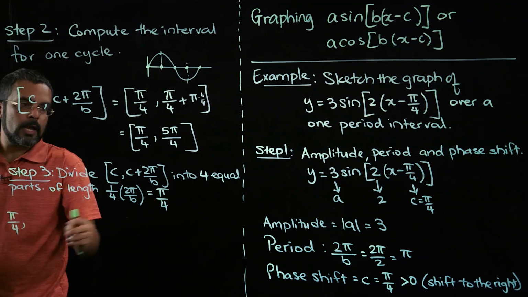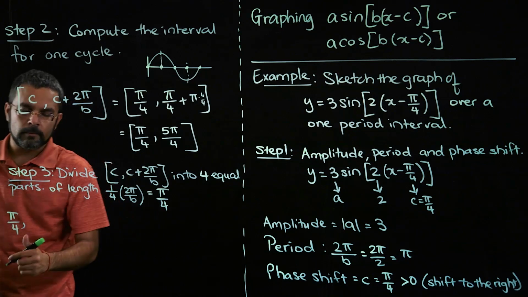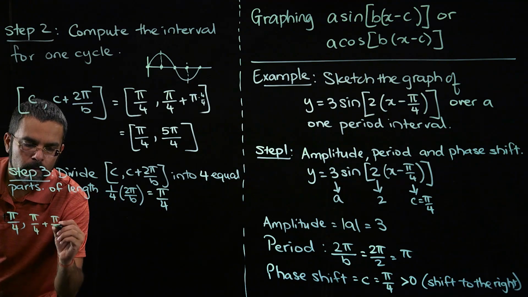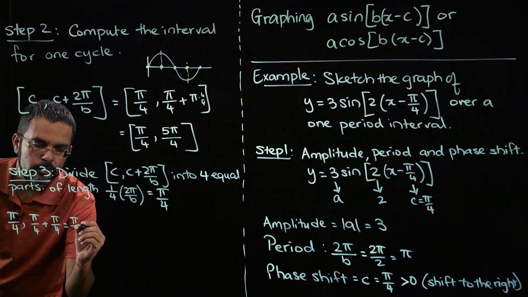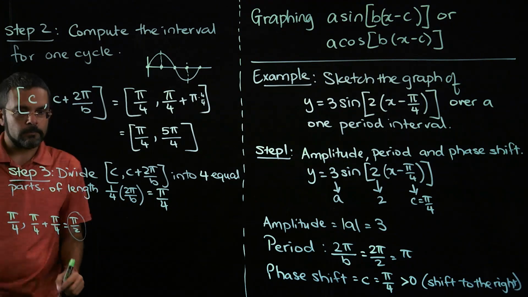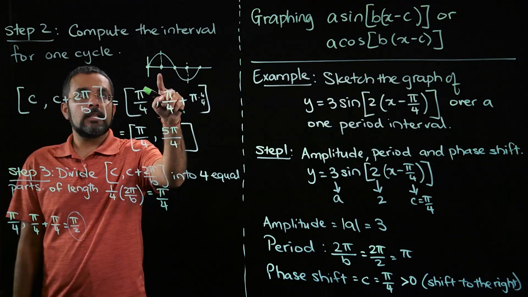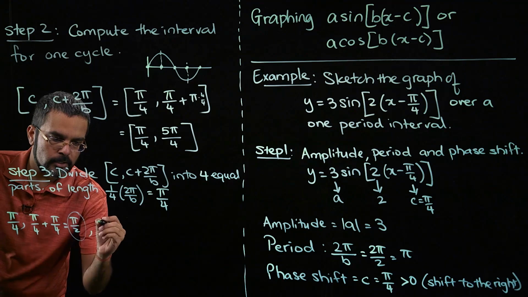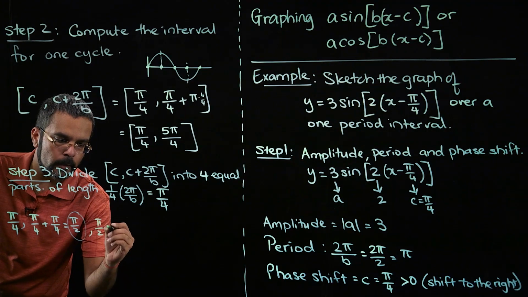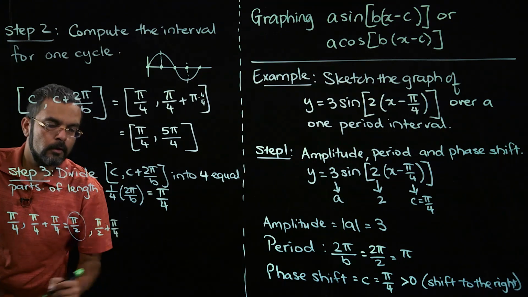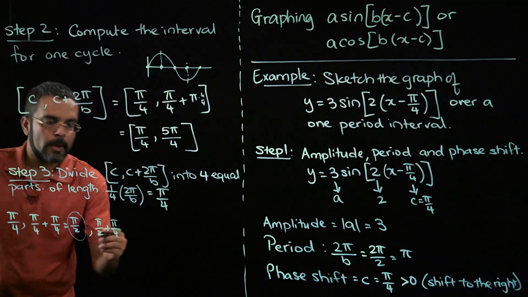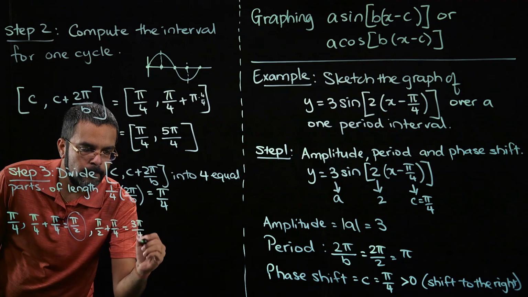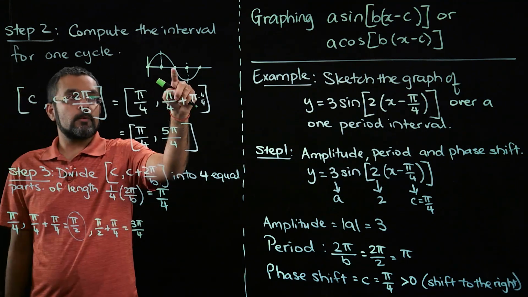Okay, what I do now is I go ahead and add this to my starting point. So I have pi over 4 plus pi over 4, which gives me pi over 2, right? So that's going to be this point over here. Then I'm going to take this point that I just got, which is pi over 2, and add another pi over 4. That's going to give me 3 pi over 4, and for us, that's going to be this part here.